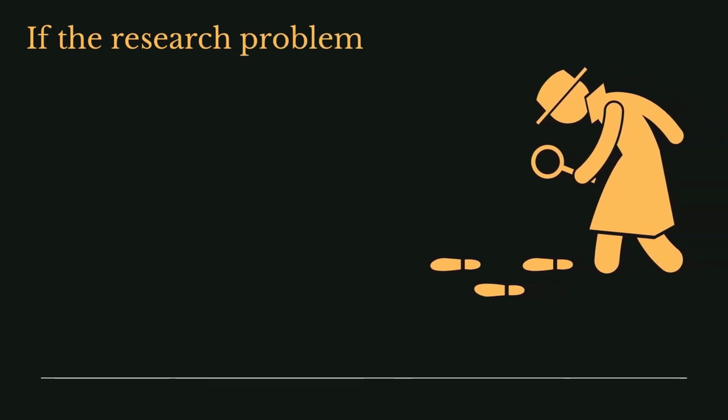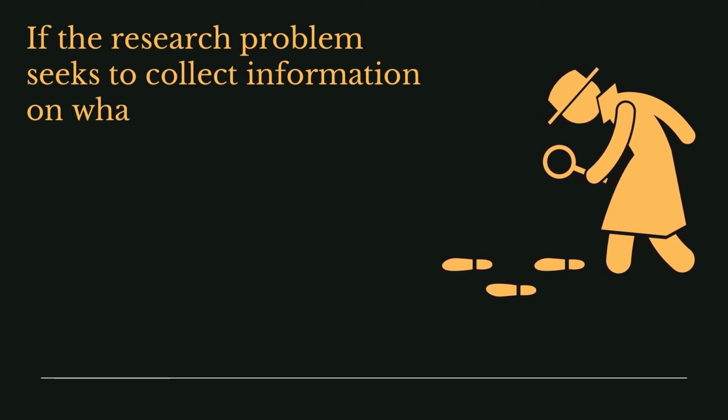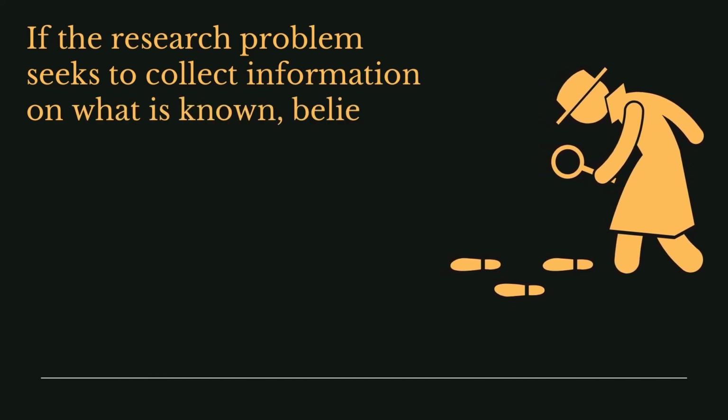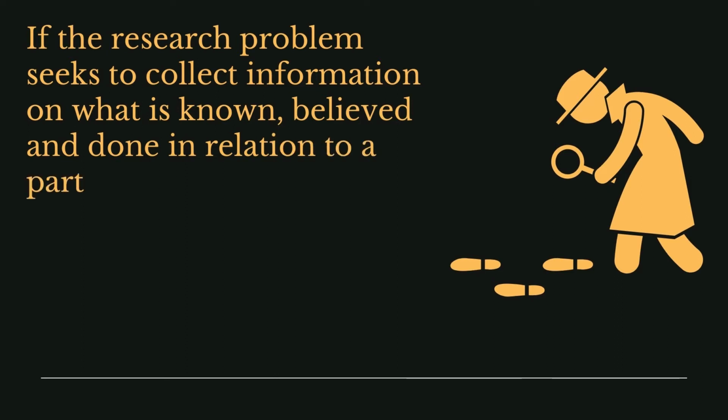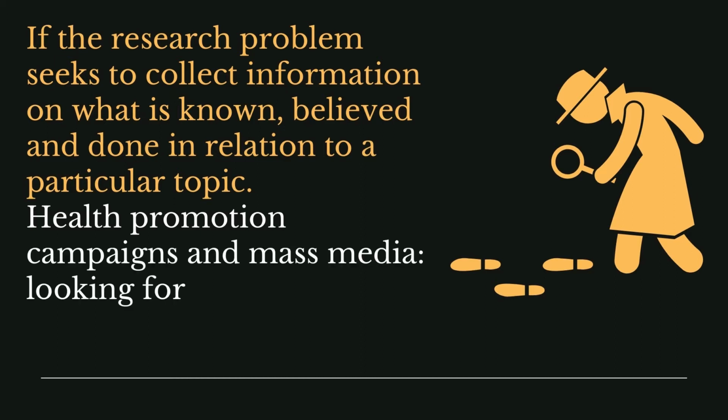There are research problems that seek to collect information on what is known, what is believed, and what is done in relation to a particular topic. For example, the problem statement could be about health promotion campaigns and mass media looking for evidence.